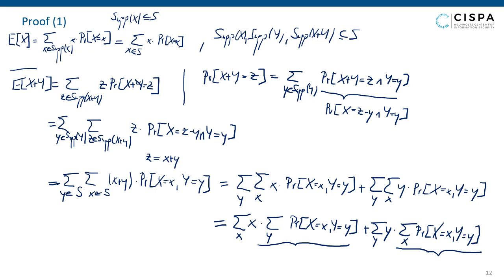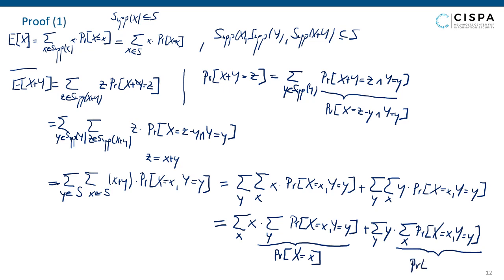We don't need this y here. This term here, by applying again the law of total probability, is just the probability X equals x, because the events Y equals y are a partition of the entire probability space. And here the same thing, but with roles reversed.